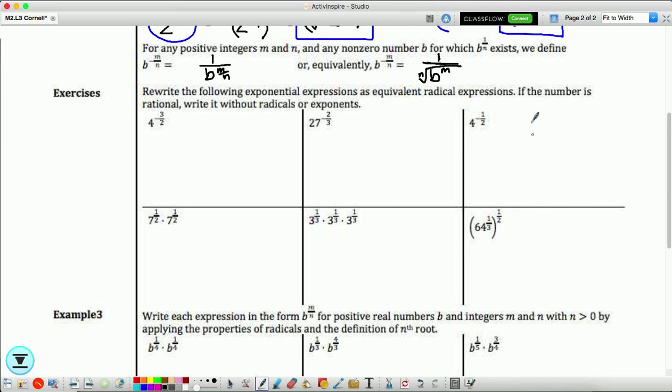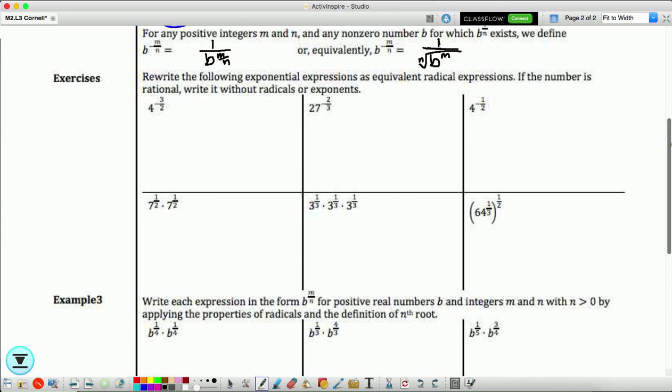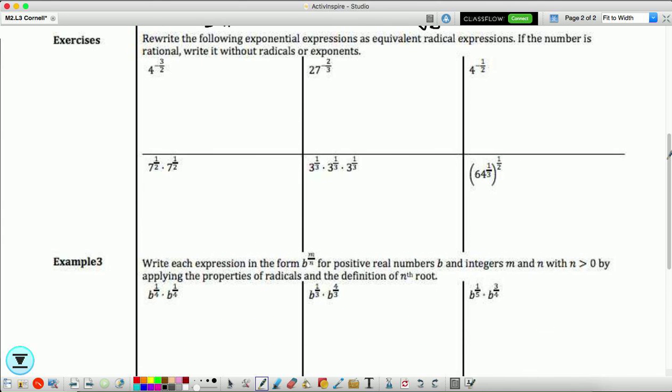And so we're going to work through a couple of these problems with these properties, but not using any variables necessarily, just simplifying them as numbers without radicals or exponents. So looking at this one, for example, I could just write 1 over 4 to the 3/2. So notice that 3/2 becomes positive now. Another way that I could think of this is saying that I have 1 over 4 to the 1/2 cubed.